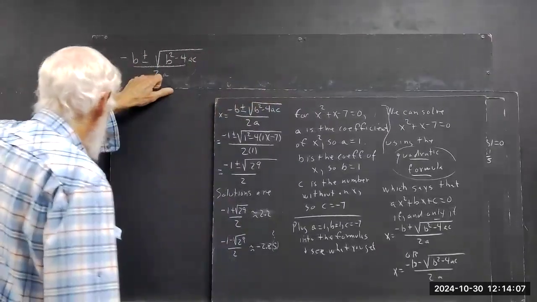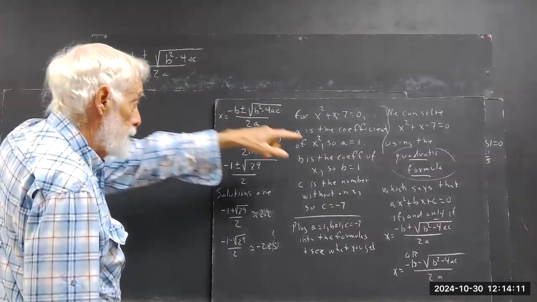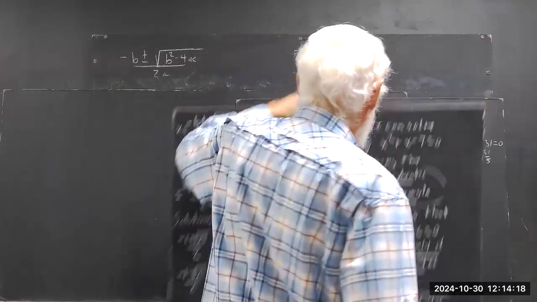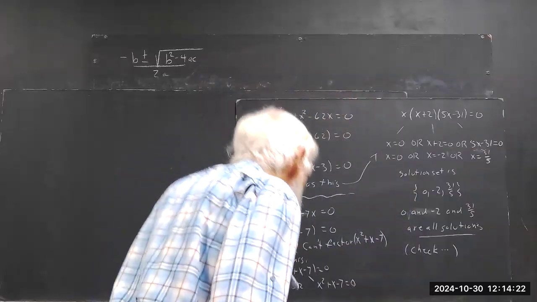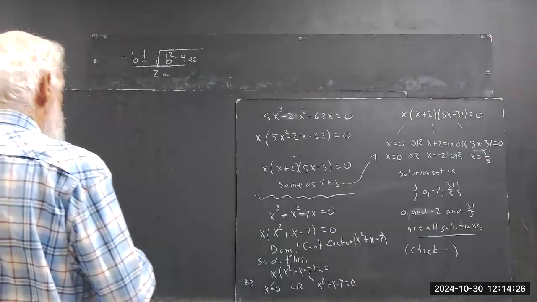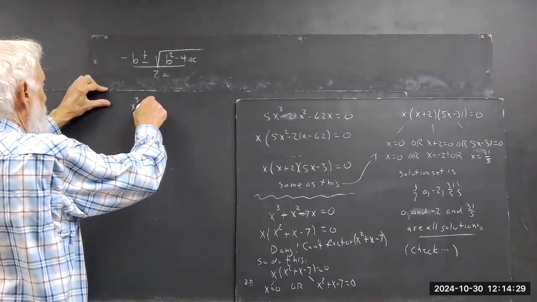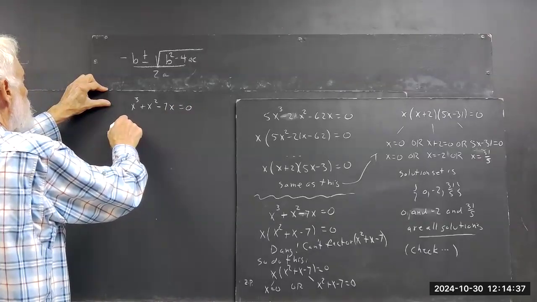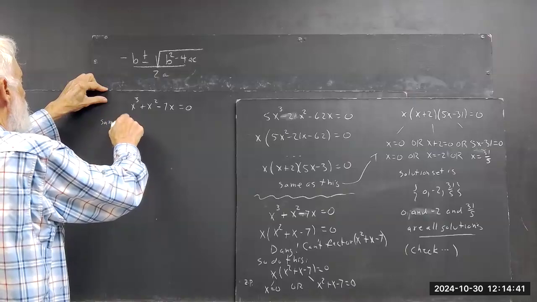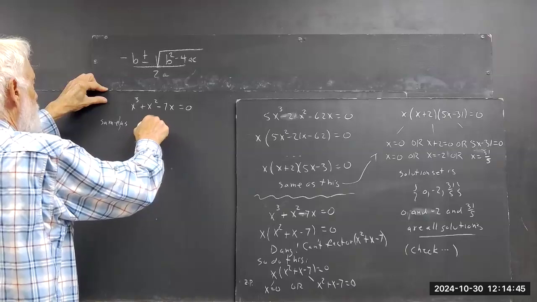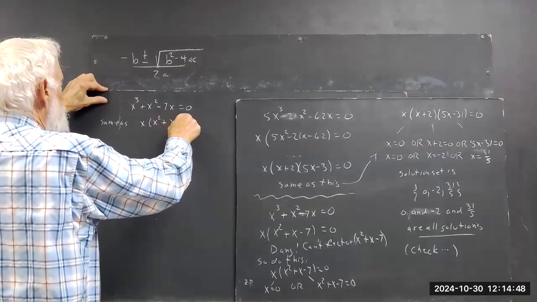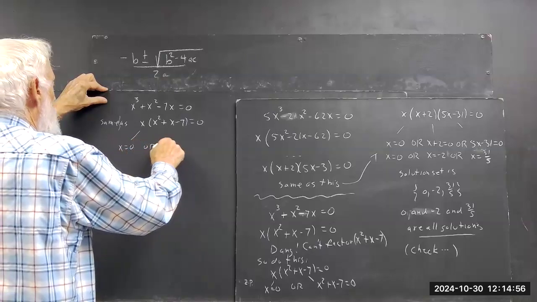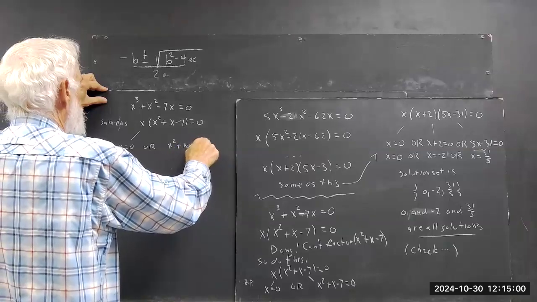So if we summarize the solution to this problem, which is all the way over here, we can say that this is the same as x times x squared plus x minus 7 equals 0, which breaks into x equals 0 or x squared plus x minus 7 equals 0.